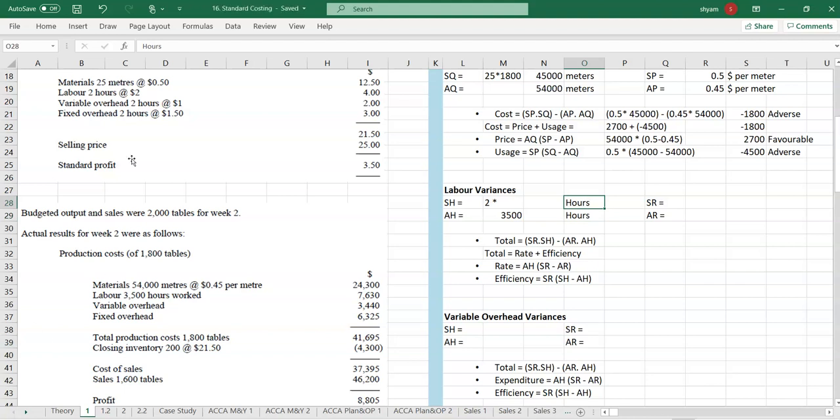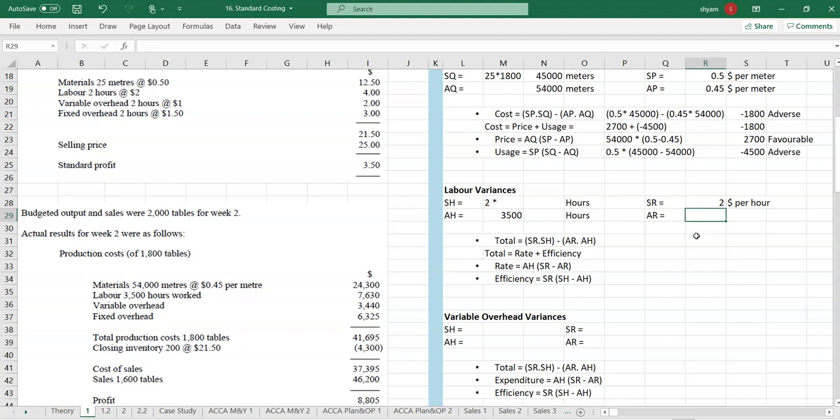What is the standard rate? The standard rate is $2 per hour. You can put it like that. The actual rate is not given correctly. It says 3,500 hours worked and the amount is 7,630.